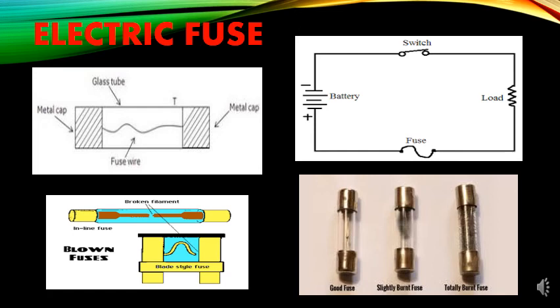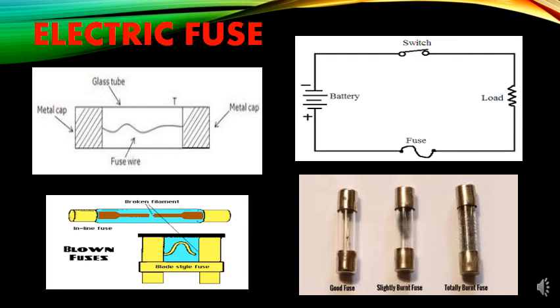You can see in the diagram the construction of electric fuse. You will be learning more about electric fuse in the next chapter. But as of now, you should be knowing electric fuse is used to break the circuit whenever current is flowing too much than the required amount.